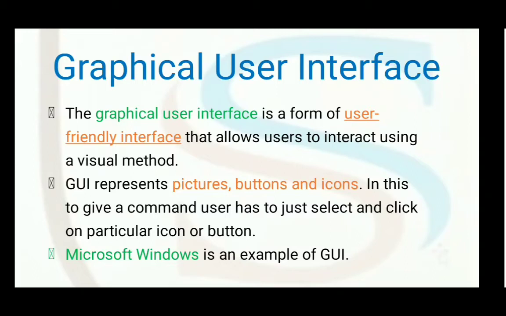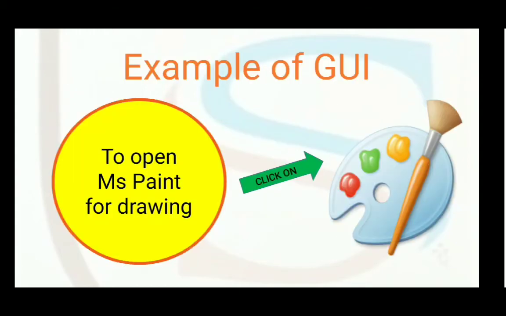GUI represents pictures, buttons and icons. In this, to give a command, user has to just select and click on a particular icon or the button. Nowadays, the interface which is being used by us is the graphical user interface. The example of GUI is Microsoft Windows, which is maximum being used by the users.